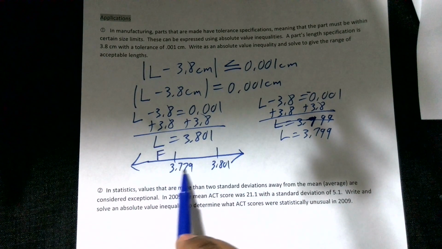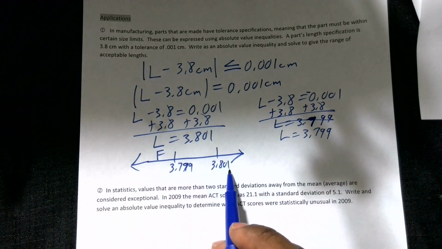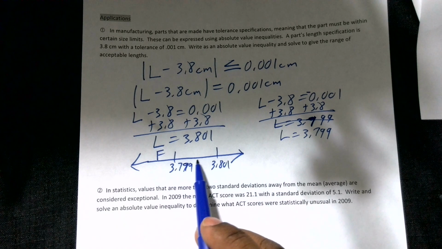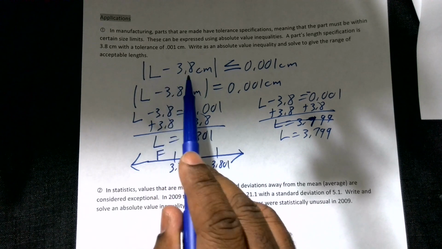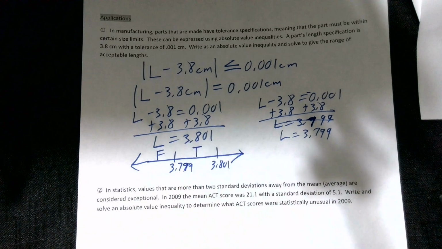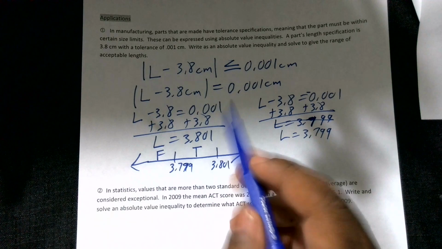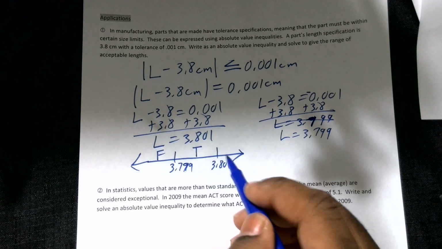Now in between here, 3.799 and 3.801, I will use 3.8. 3.8 minus 3.8 is 0, and 0 is less than that, so that'll be true. And last but not least, why not use 4.8?